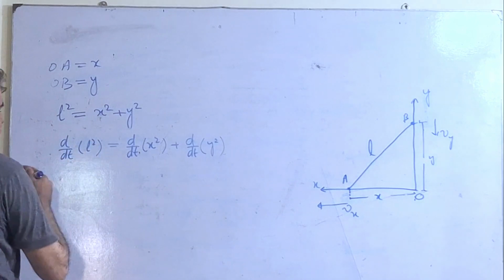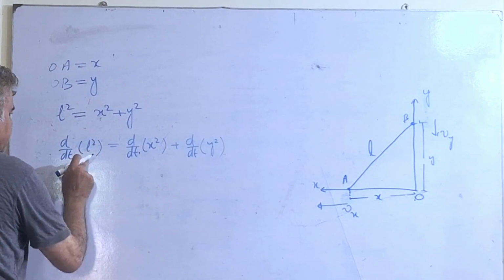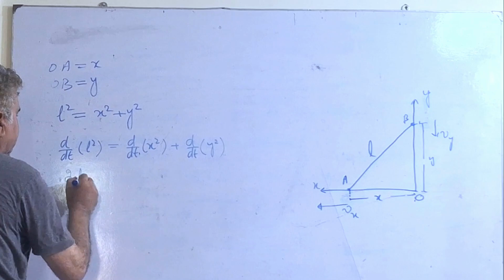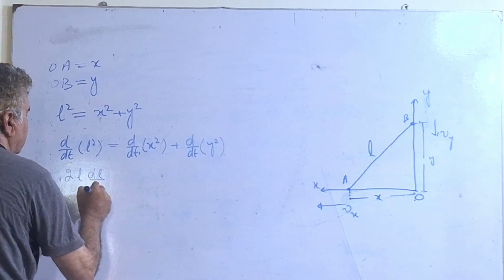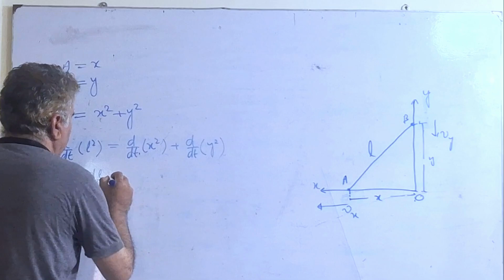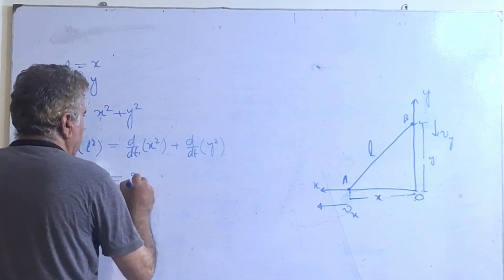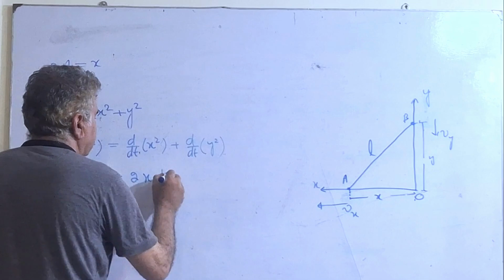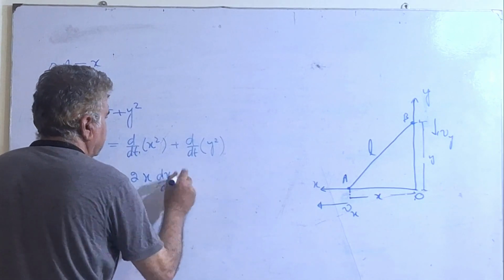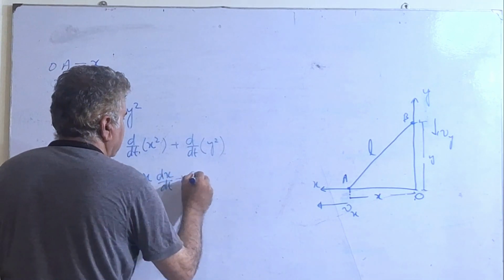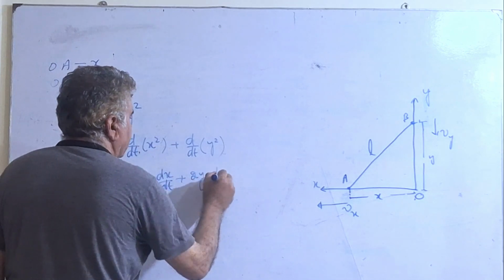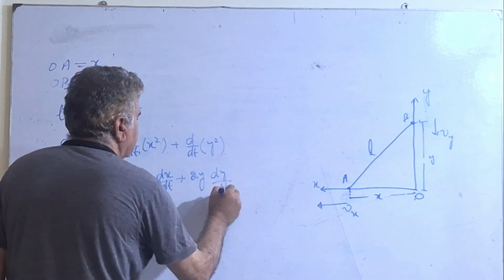Applying the derivative, this side becomes 2L dL/dt, this term becomes 2x dx/dt, and this becomes 2y dy/dt.